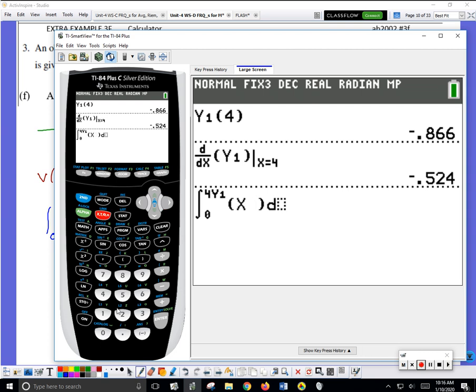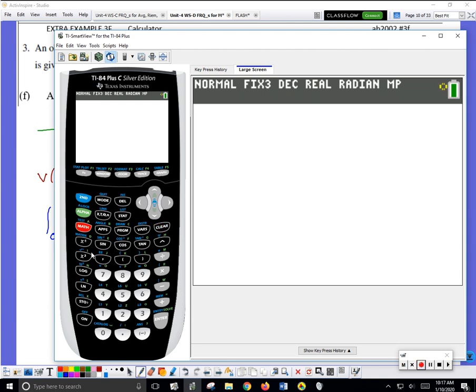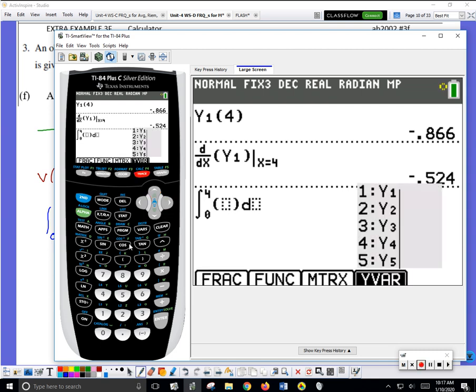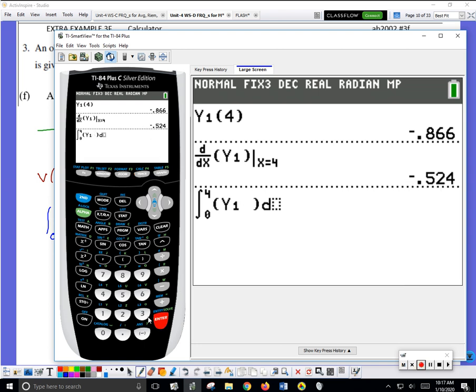Oh, shoot. That didn't work. Math 9, 0 to 4, velocity, like that. Okay, on the buff packet, we learned that the integral of the velocity gives you the displacement of the particle.